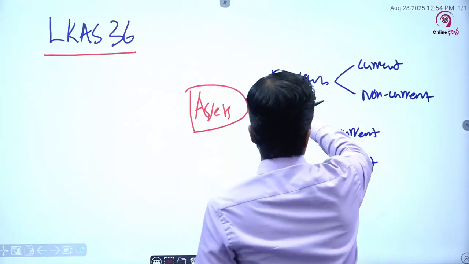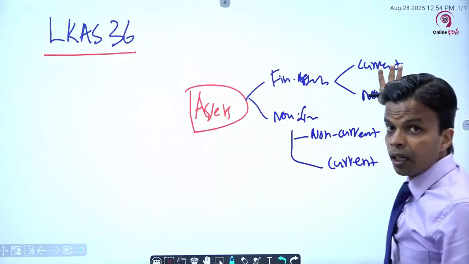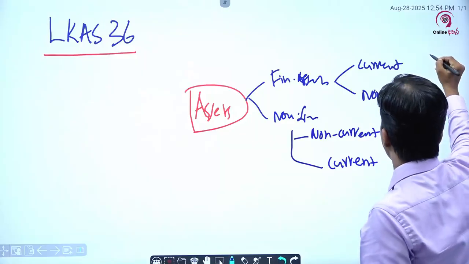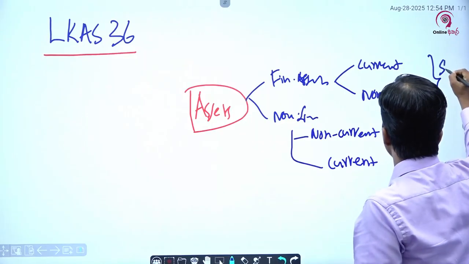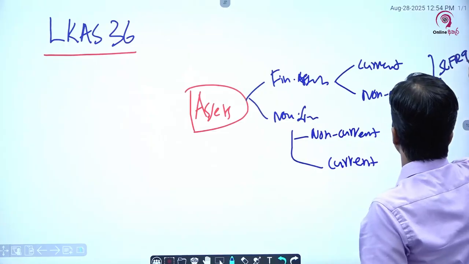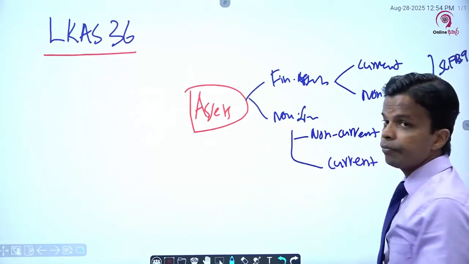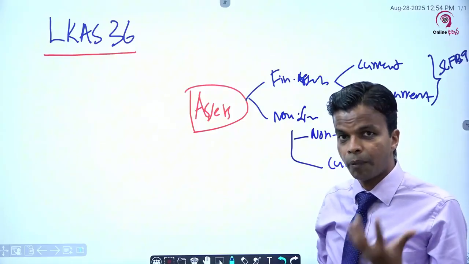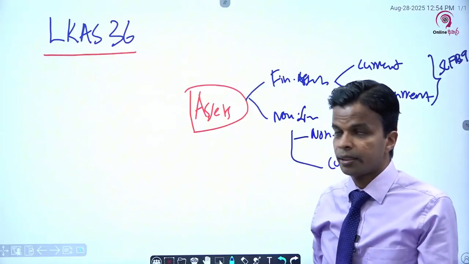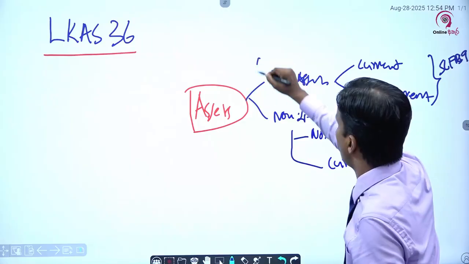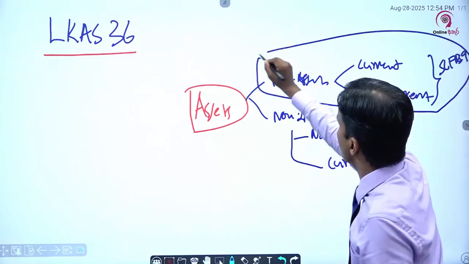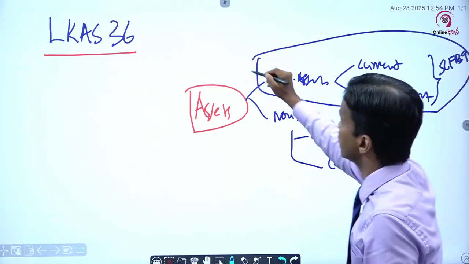Financial assets, regardless of current or non-current, you have SLFRS 9 to discuss impairment of financial assets. So this part is not coming under LKS 36, right? This is not coming.